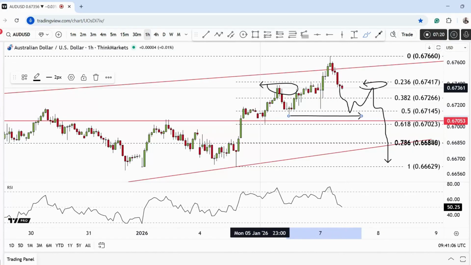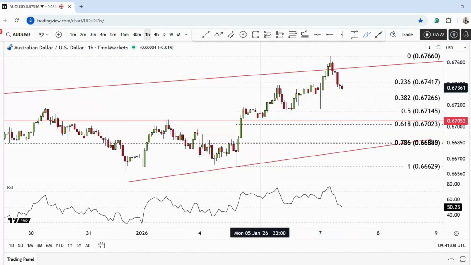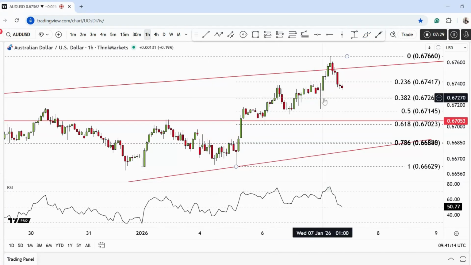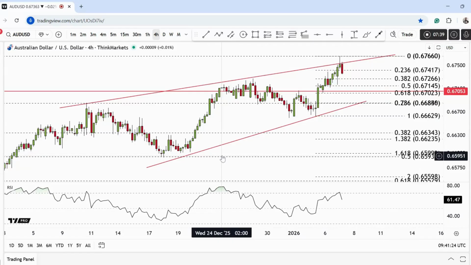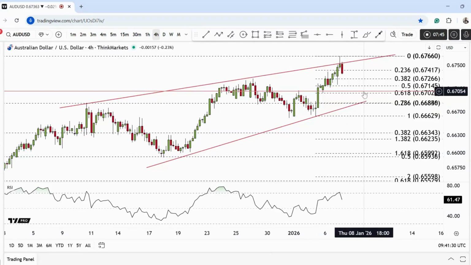So I will be cautious of all of these potential patterns because in my mind, as I see it currently, this is probably more of a pullback, which would be looking, as I said, on the daily to revisit perhaps not just the 66.6, but also the 65.9, unless the 67 holds.